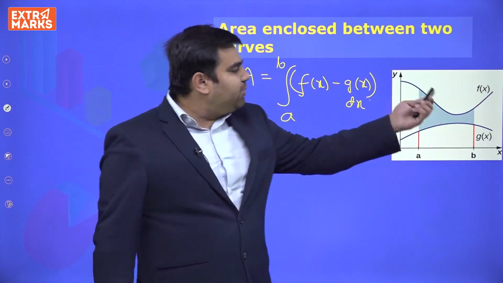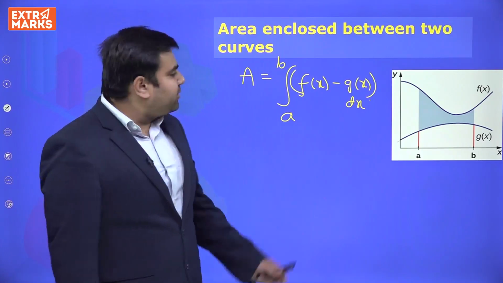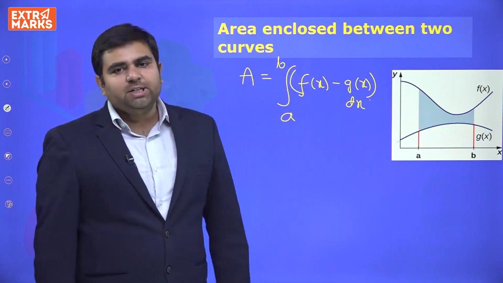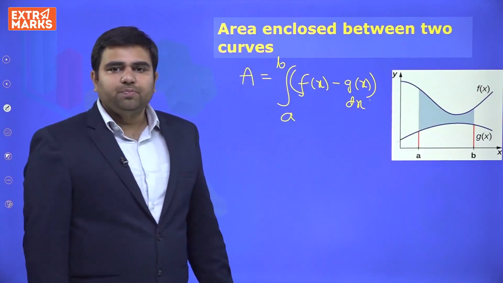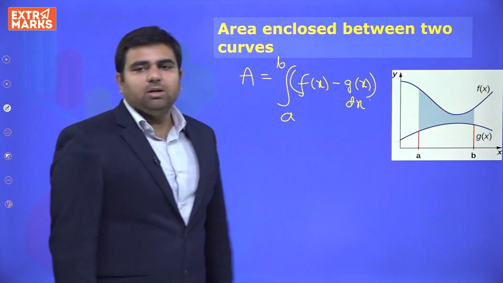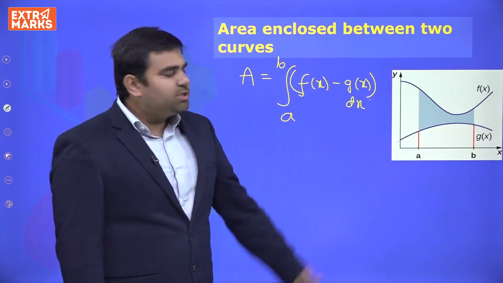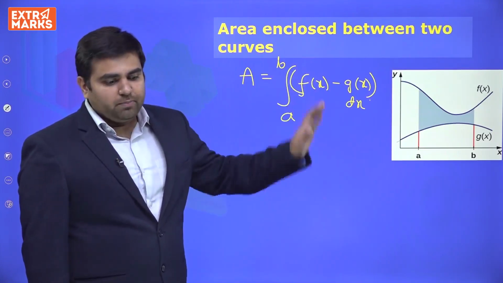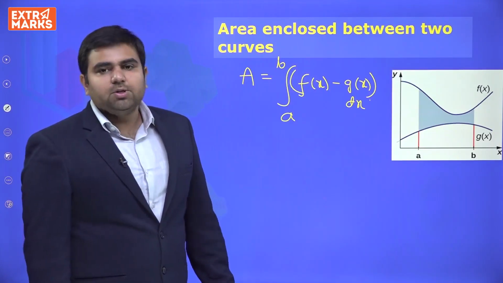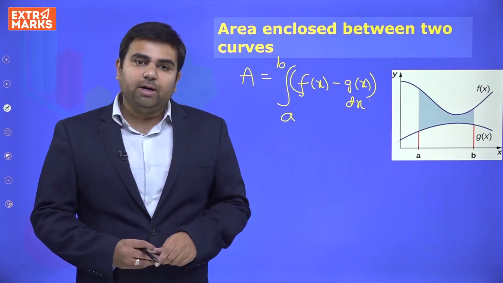So upper curve minus lower curve, and the integration with respect to x between a to b. Very simple concept. The upper curve is f(x), the lower curve is g(x), and the integration is happening from a to b. Are you getting this point? I hope this is quite clear to everyone. Let's move ahead.